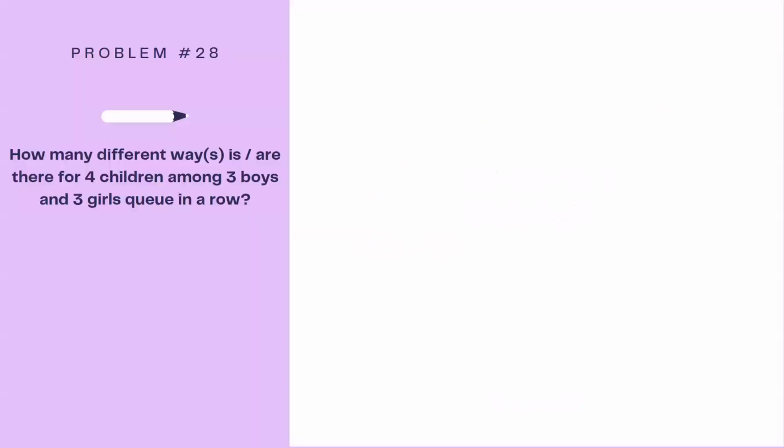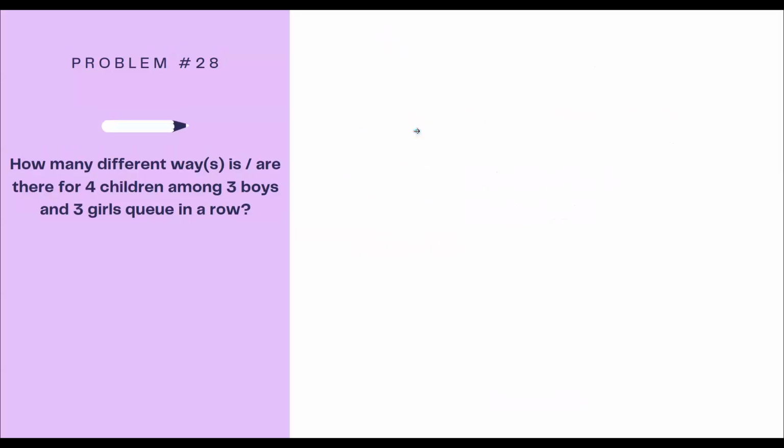So problem number 28. How many different ways are there for four children among three boys and three girls to queue in a row? So what do you think is the answer? Yes, Nguyen Ken. I just count how many ways to arrange the boys and how many ways to arrange the girls.